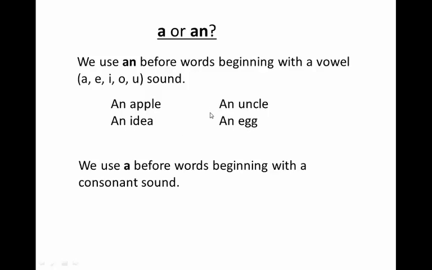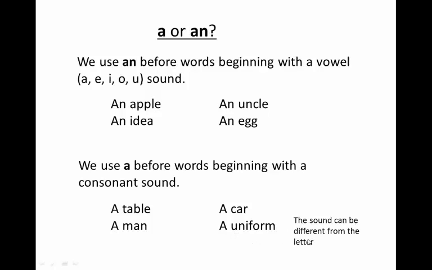We use a when we have a consonant sound. A table, a man, a car, a uniform. Look at this one, a uniform. The first letter is a vowel, but the first sound is a y. The sound can be different from the letter, so the important thing is the vowel sound. So here, a uniform, a car.